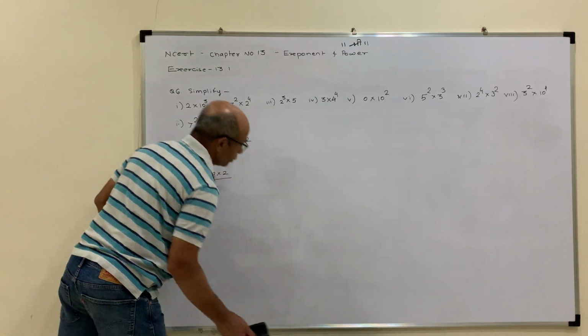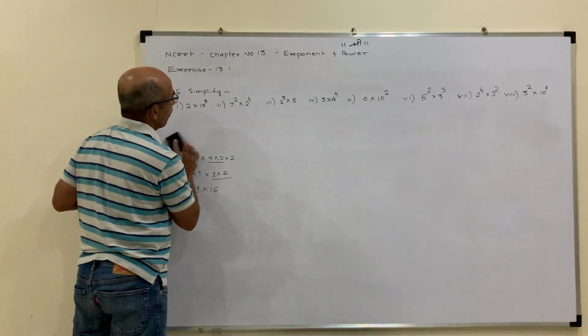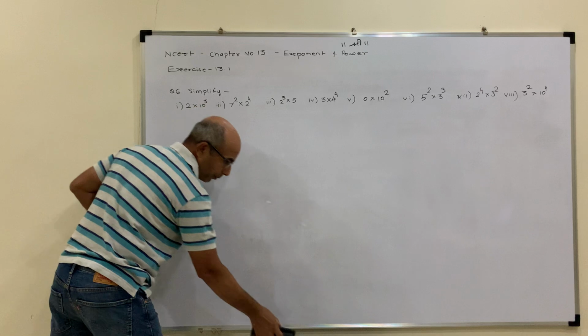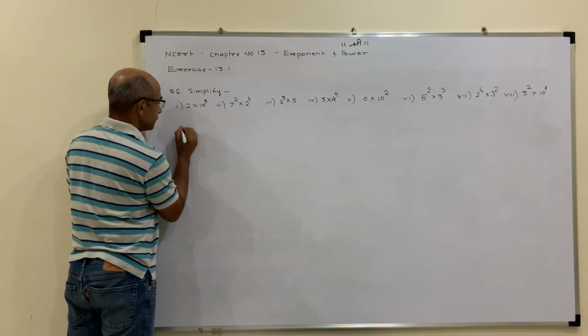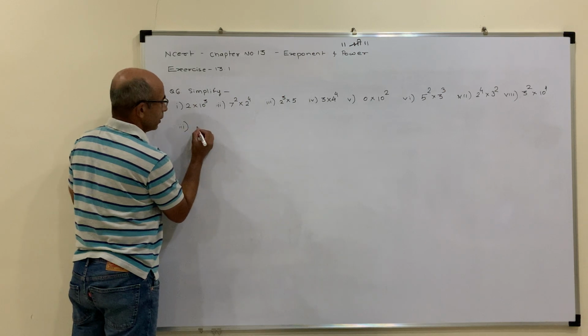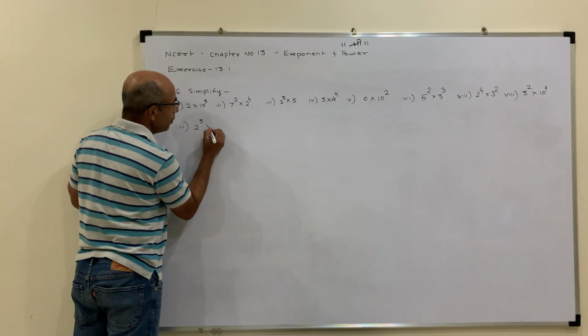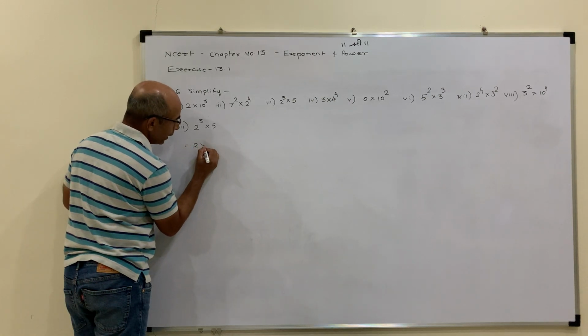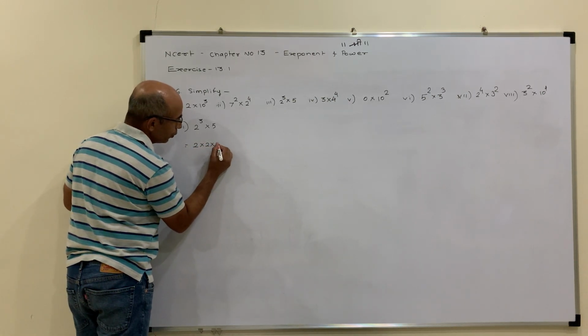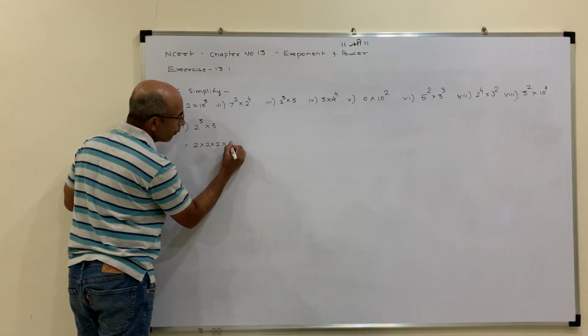Now move on to the third one: 2 raised to 3 into 5. So now this comes out to be 2 into 2 into 2 into 5.